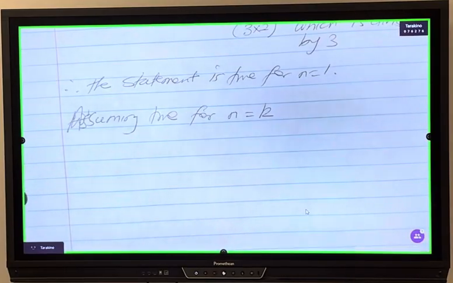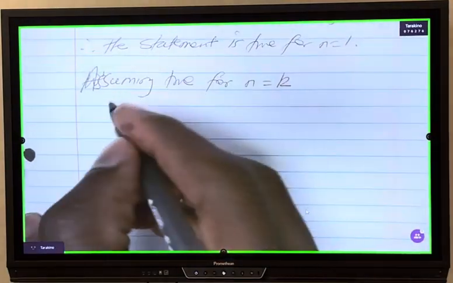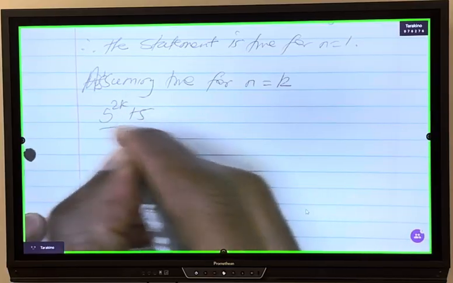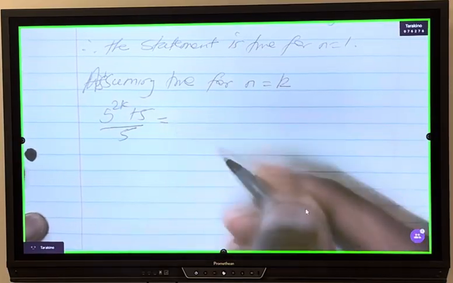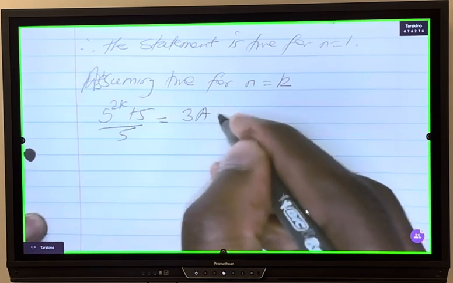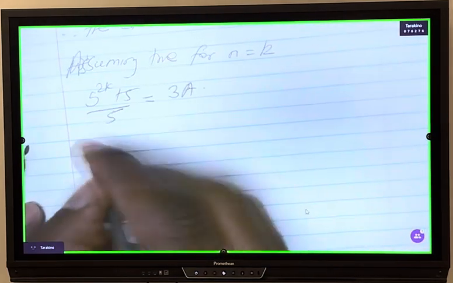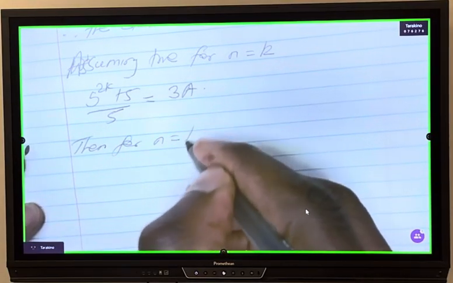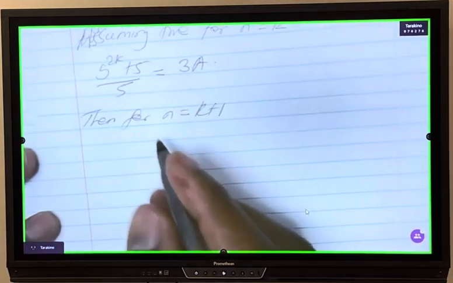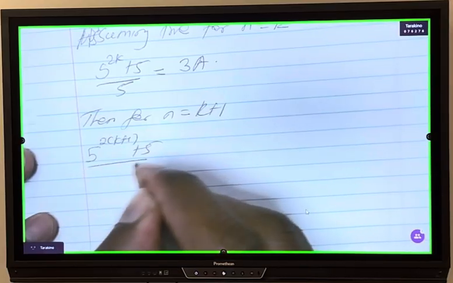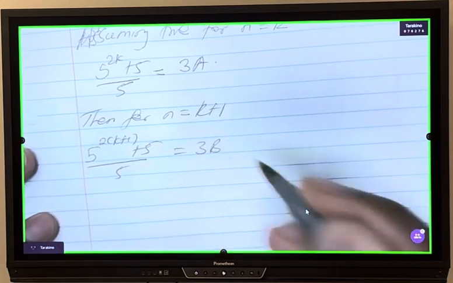So when we assume true for n is equal to k, we are going to get (5 to the 2k plus 5) over 5 equal to 3 times something, remember our constant, say 3a. Then you state the result for n equal to k plus 1. When you plug in k plus 1 for n, you must get another constant as well.